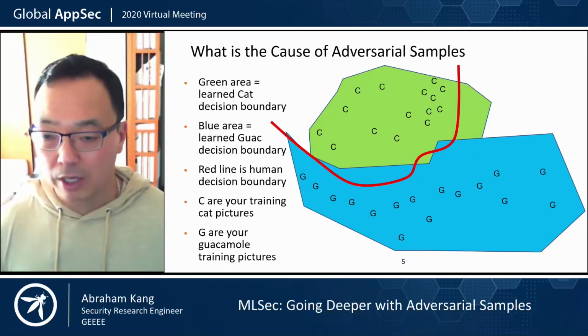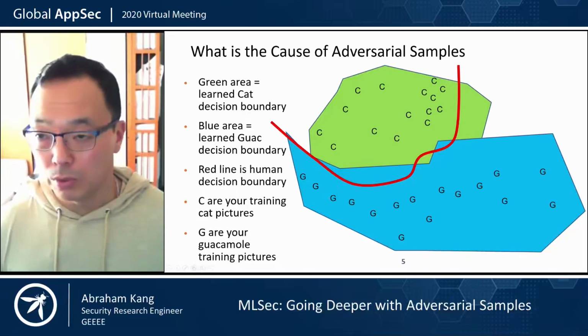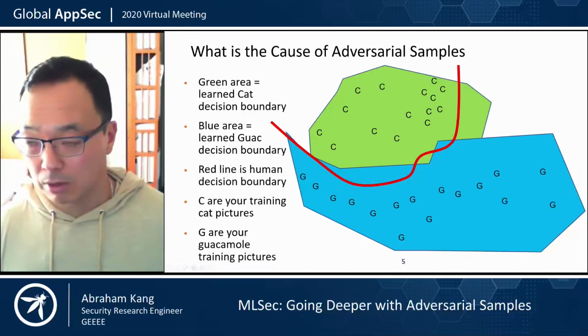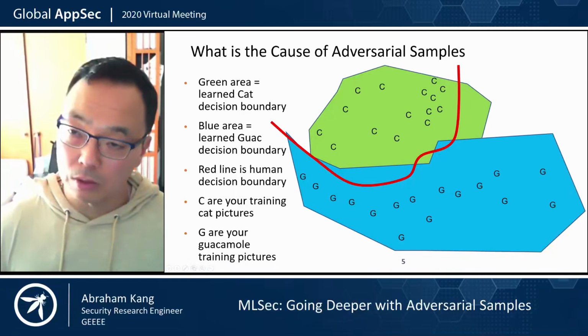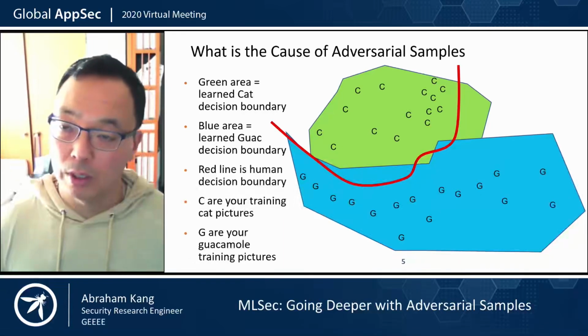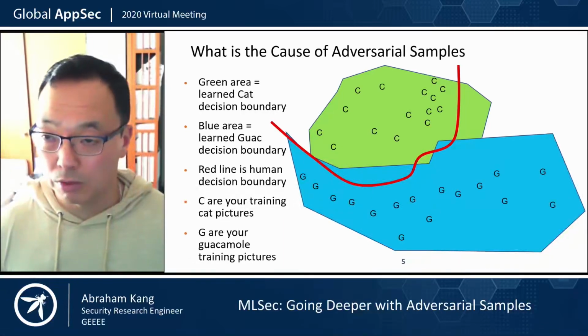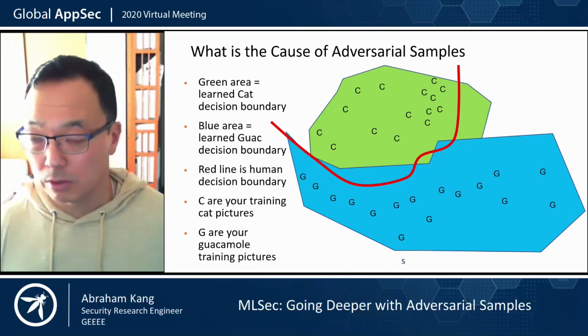And notice this red line crosses over both the blue and the green areas, meaning that our machine learning model didn't learn the correct decision boundary for separating these two classes.